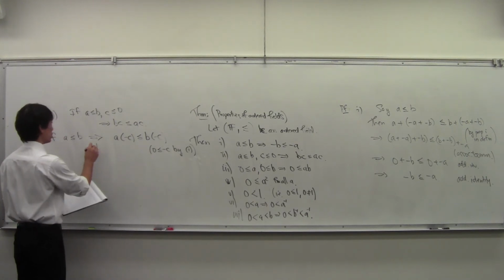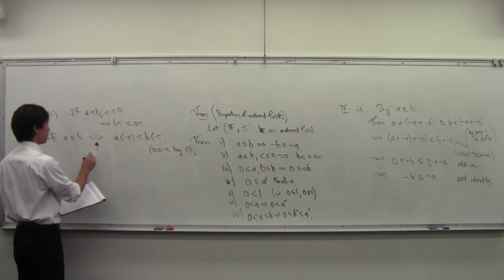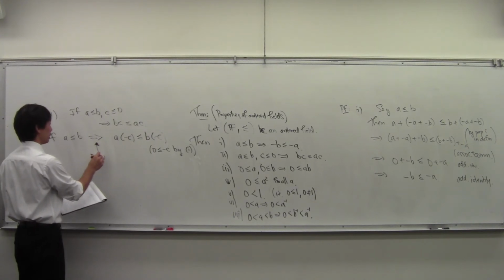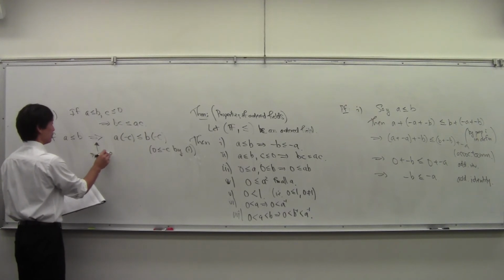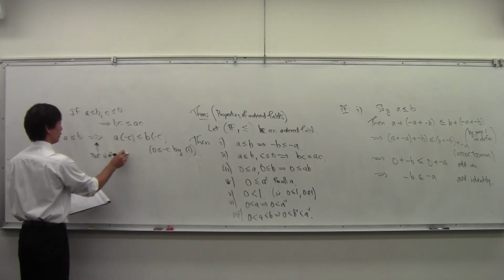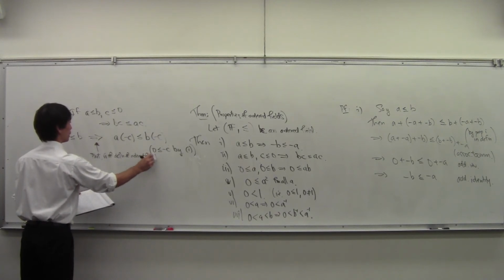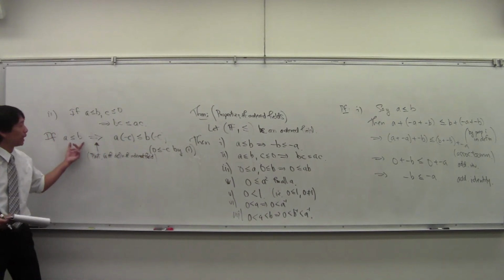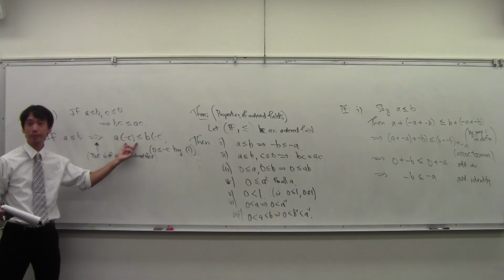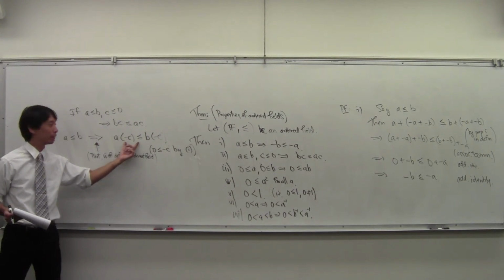Here I'm using property 2, part 2 of the definition of ordered field. I'm multiplying by something bigger than 0.